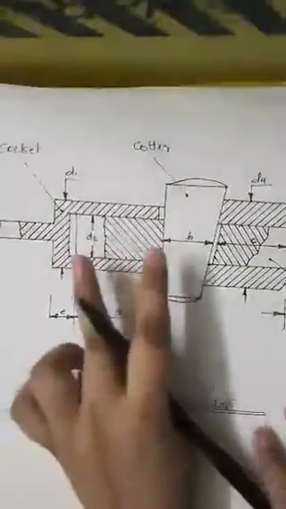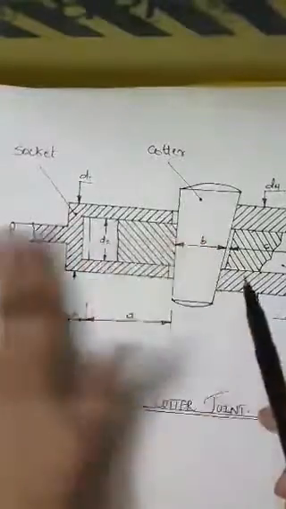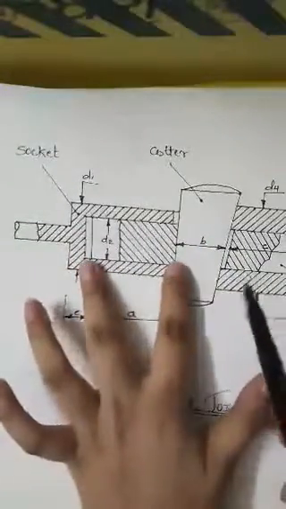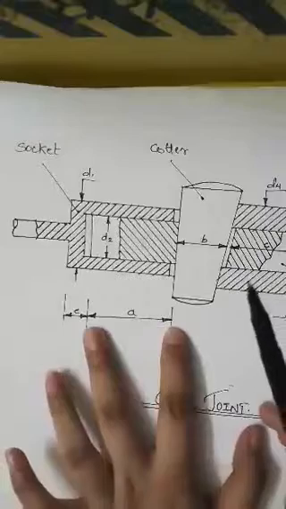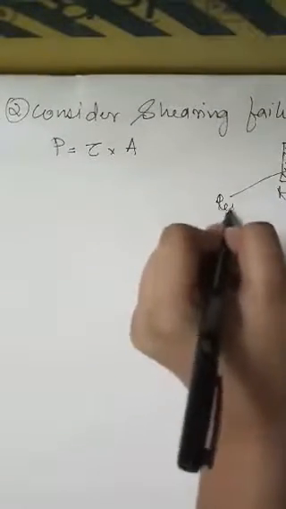Since here we have considered this portion, this much portion will come out, so this much length we have considered as a. Now let us calculate. Here we will find out shearing strength. For this we will use tau instead of sigma t. This is our resisting area.